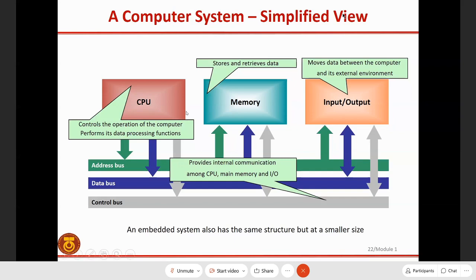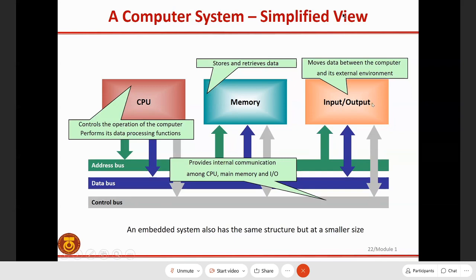The CPU controls the operation, memory stores and retrieves data, and input/output moves data between the external environment, meaning they use peripherals or external devices. For the address, data and control bus, when you see this symbol, it means they are dual direction, meaning that, for example, data from input/output peripherals can go to the control bus, and values or data can travel from the control bus to input/output as well.